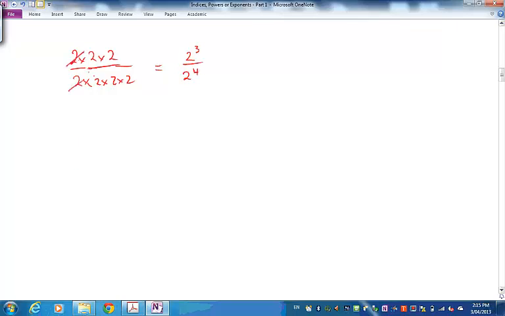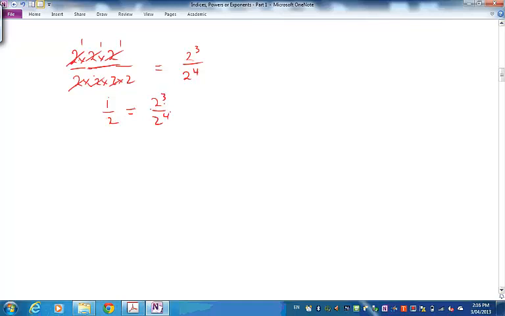Okay, let's see what happens. If we cancel, they go into there once. The answer on this side is 1 over 2. So 1 over 2 equals 2 cubed over 2 to the 4th.